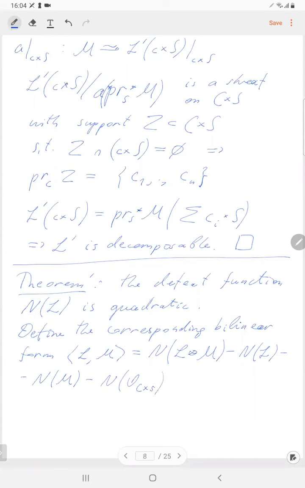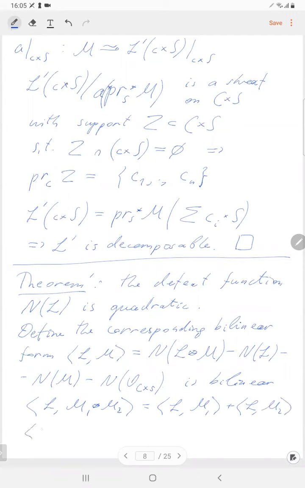And then this is bilinear, it means that the pairing of L with M1 tensor M2 equals the pairing of L with M1 plus the pairing of L with M2.